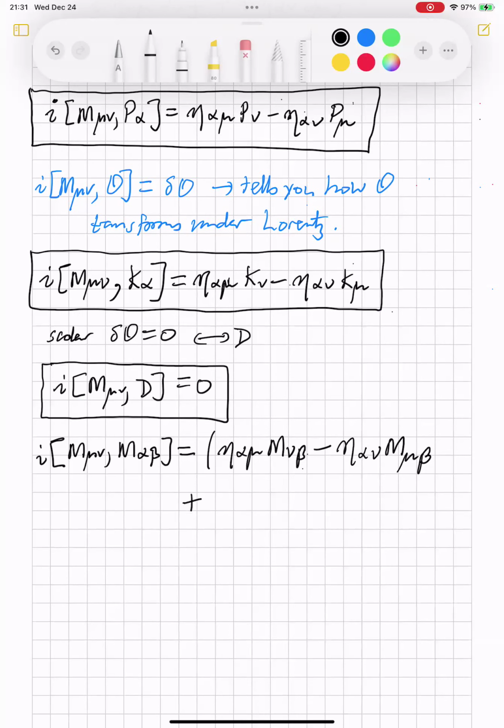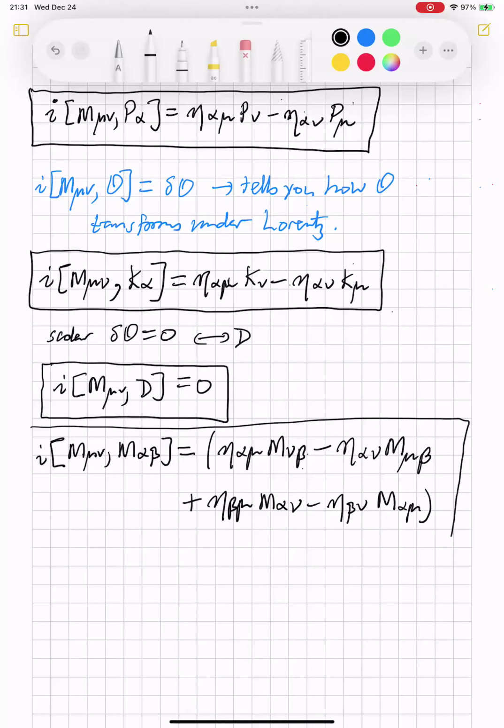Now let's leave the alpha index alone and transform the beta index. So we'll get eta beta mu, M alpha nu, minus eta beta nu, M alpha mu.